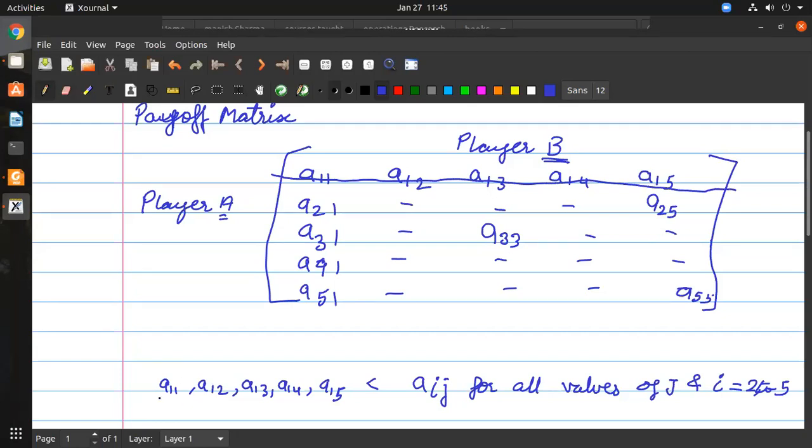It can be row 2, row 3, row 4, or row 5.